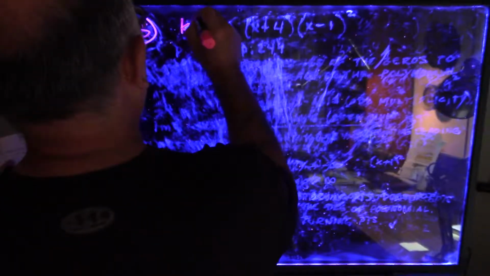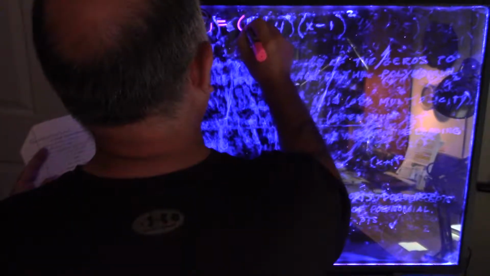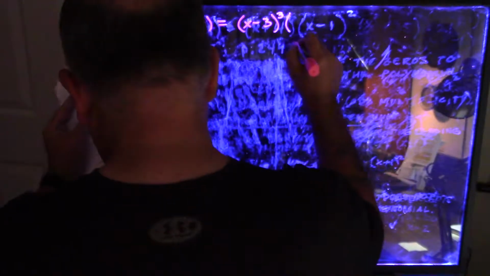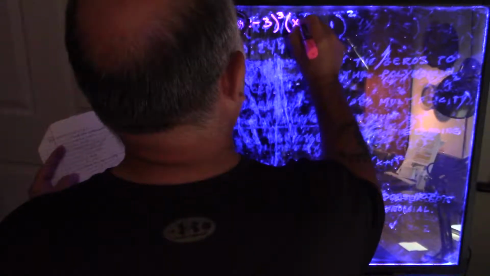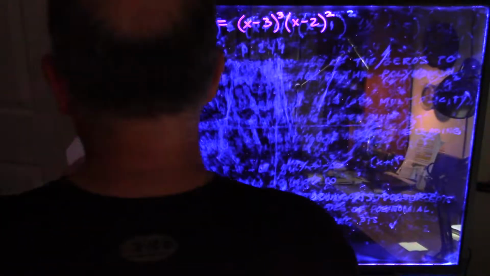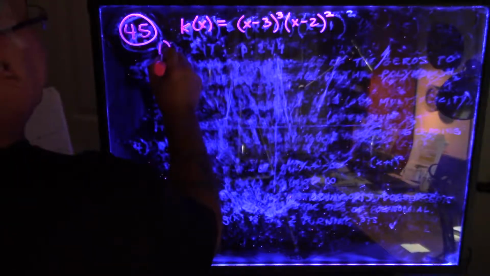Okay, number 45, we have k of x equals the quantity x minus 3 cubed times the quantity x minus 2 squared. Okay, so step 1, find the intercepts.